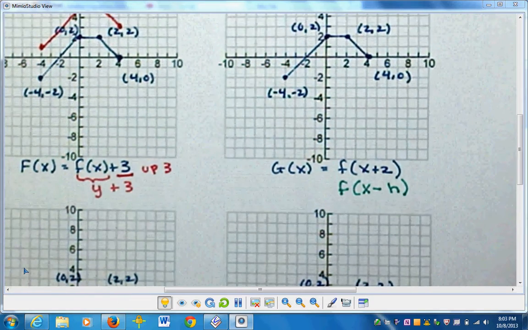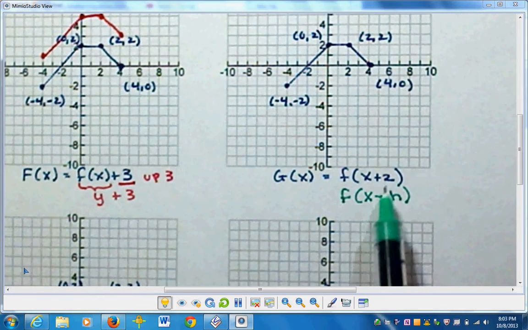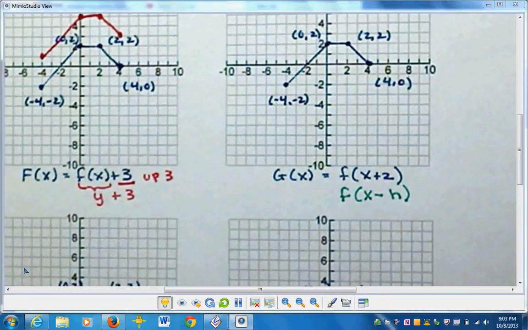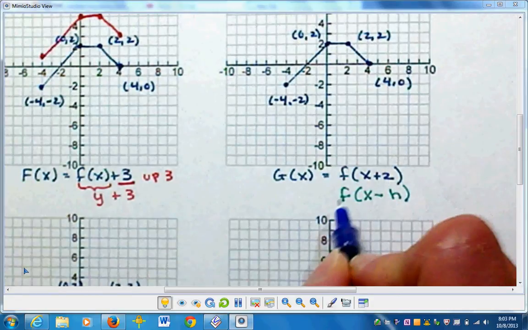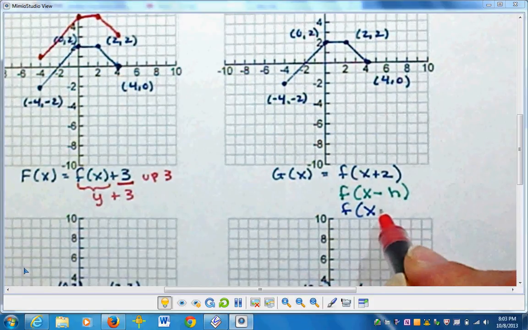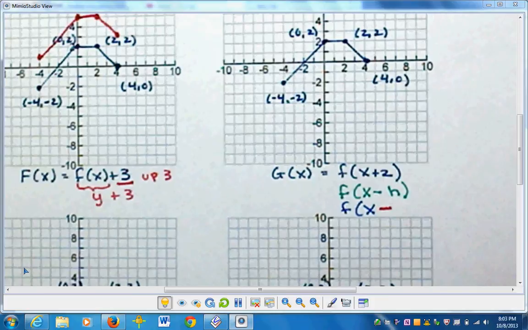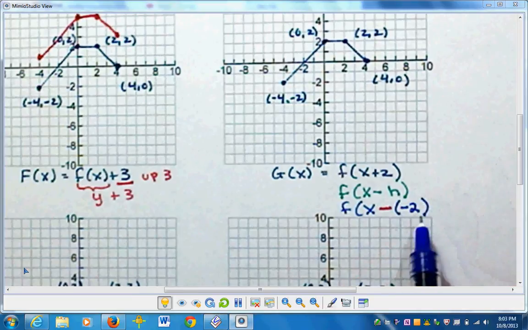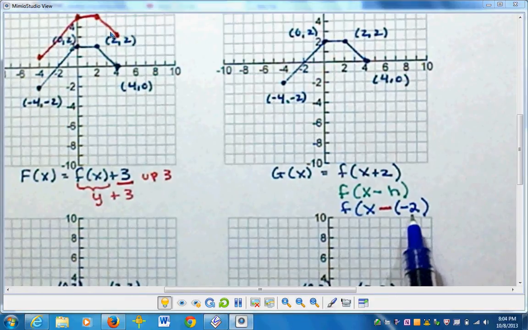In order to make this positive 2 look like a minus h, we have to have this read f of x, and that's going to be minus, because that minus was in our original equation, minus 2. So our h is minus 2, which means we're going to move our x in the negative 2 direction.